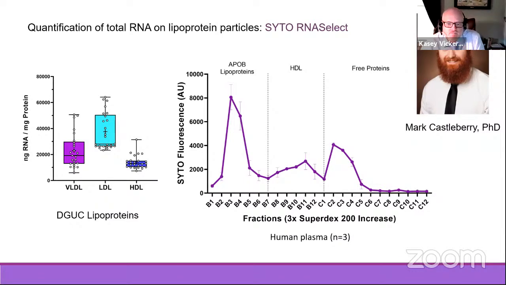And if you look at human plasma across size exclusion chromatography fractions, it suggests that the ApoB lipoproteins do indeed have quite a bit of the extracellular RNA in plasma. With the way we have this FPLC set up, the HDL range is stretched a little bit, but there's also RNA that's found in the free proteins and ribonucleoproteins here. So this is Mark's work in the lab.